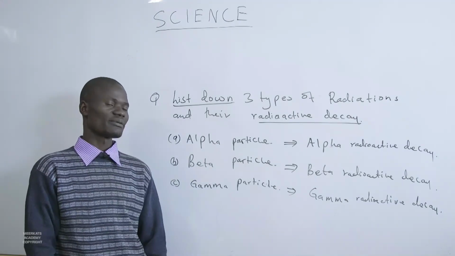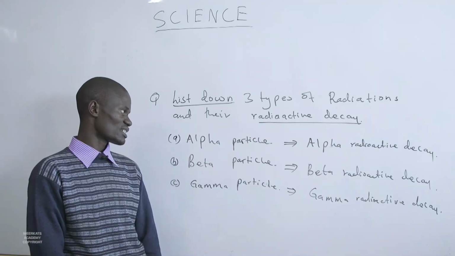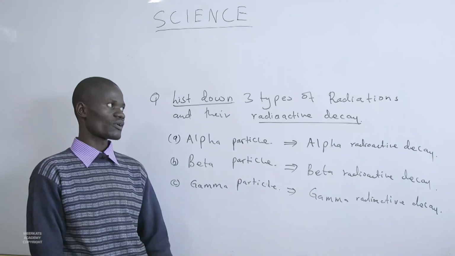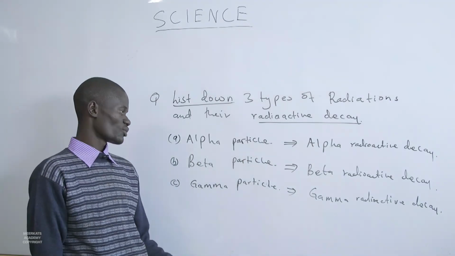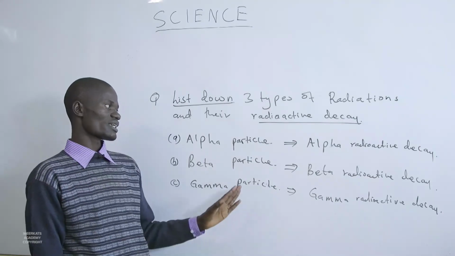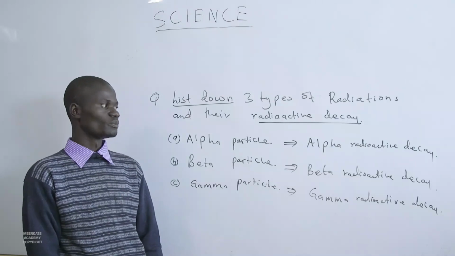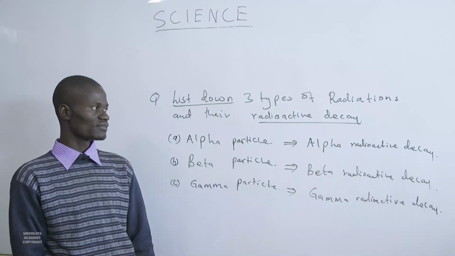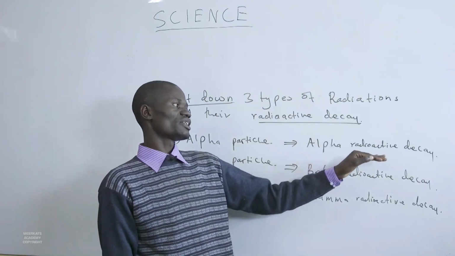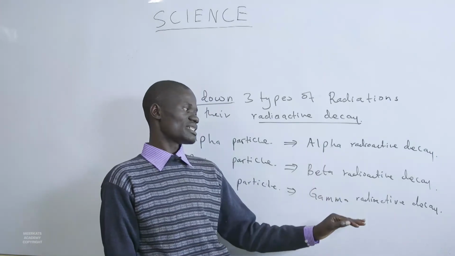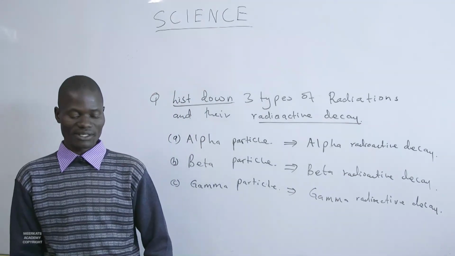Therefore, having this in mind, we are able to look at various concepts on radioactivity that will give us 3 types of radiation, that is the alpha radiation, beta radiation, and gamma radiation, which always emit the alpha particle, beta particle, and gamma particle. Therefore, in radioactive decay, the alpha particle will produce the alpha radioactive decay, and then the beta radioactive decay, and then the gamma radioactive decay.